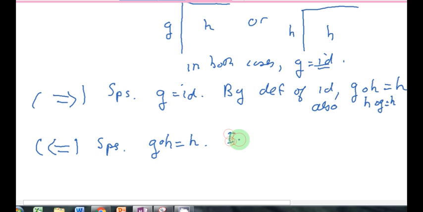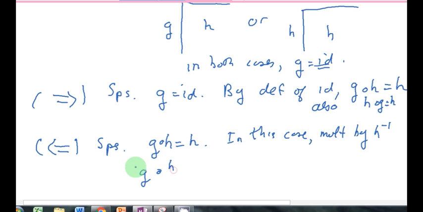Now in this case, we can multiply both sides by H inverse on the right. Since this is a group, we know that H must have an inverse. So that would give me G composed H, and then we have to compose with H inverse on the right, is equal to H composed H inverse.